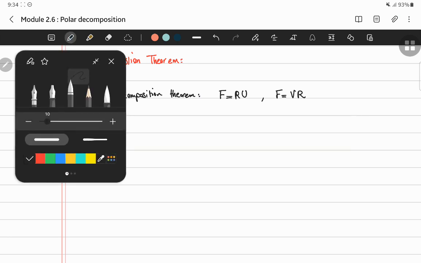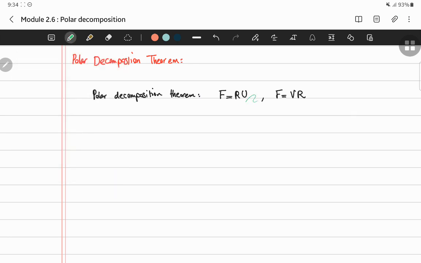Here U and V, or maybe I can write them separately. So this is the right stretch tensor.